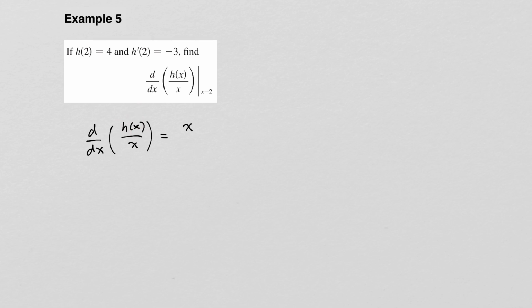So the bottom function is x, and the derivative of the top is h prime of x. Minus, then we'll take the top function, which is h of x, multiplied by the derivative of the bottom function. So that's the derivative of x. And then divided by the bottom function squared.